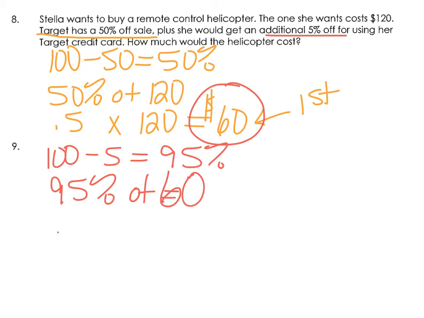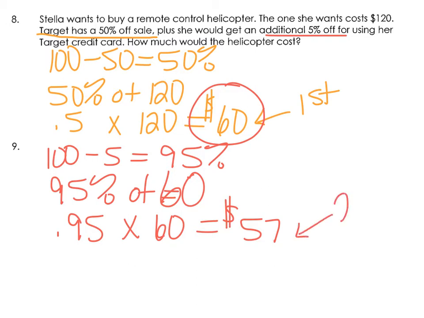So translating, we have 0.95 of means times 60. So 0.95 times 60 gives you $57. So the price of the helicopter would be $57 after the second discount.